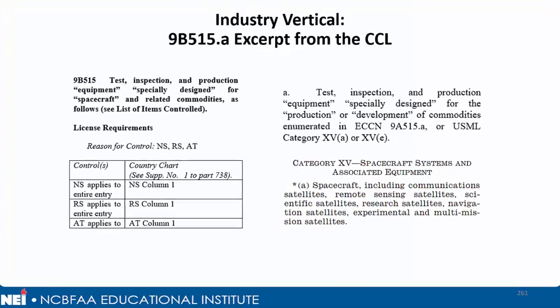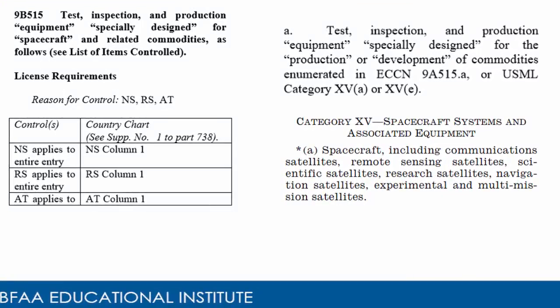Okay, continuing our industry vertical, the 9B515.A excerpt from the CCL. But before we look at the CCL, lower right-hand corner, because as we now well know, or we should know by now, we like to be thorough. So we want to point out Category 15, just the first couple of sentences where this all began, the USML.